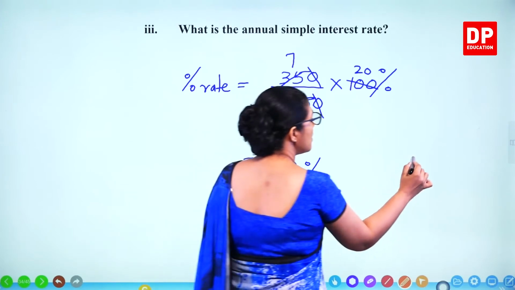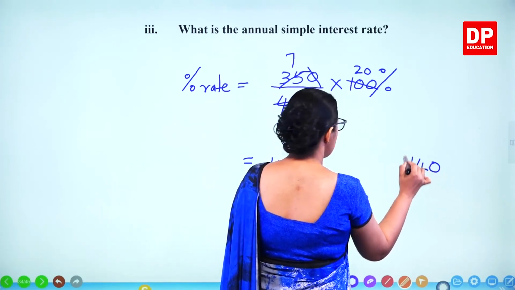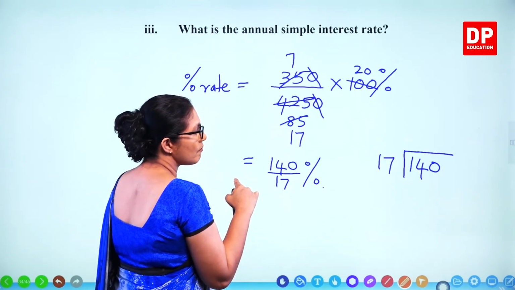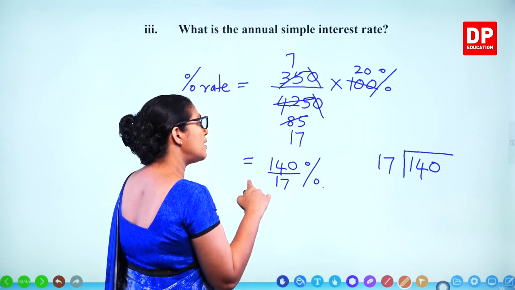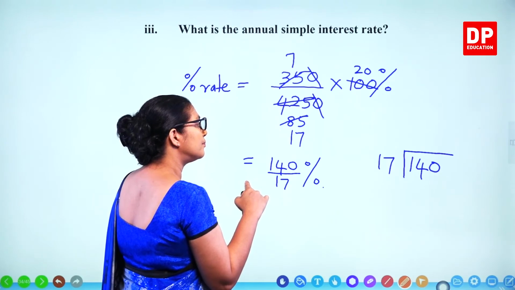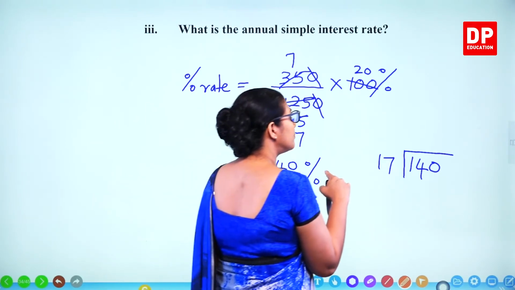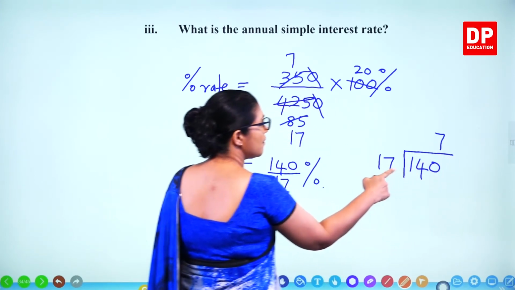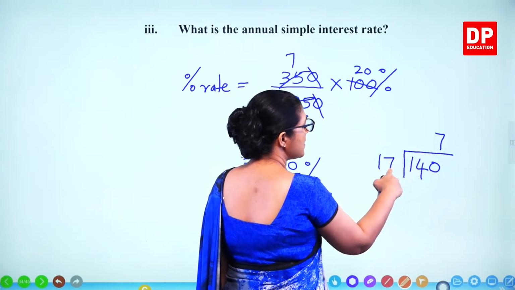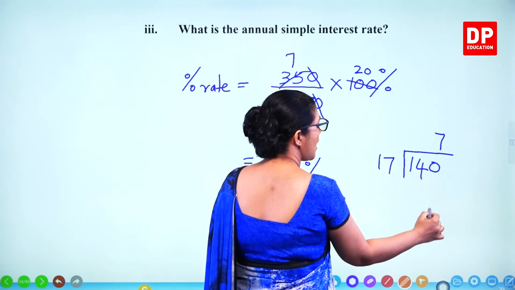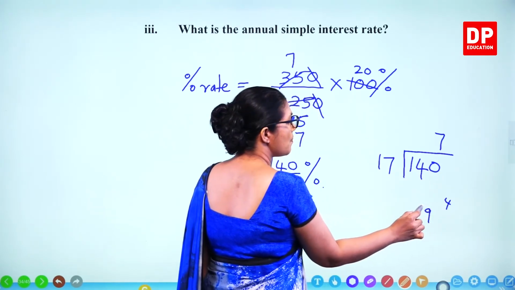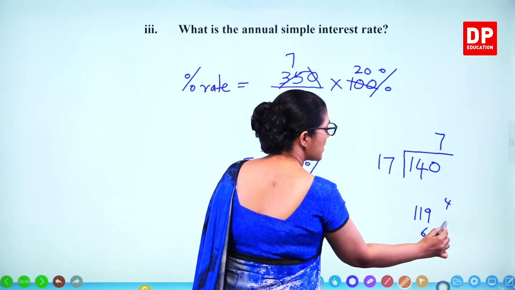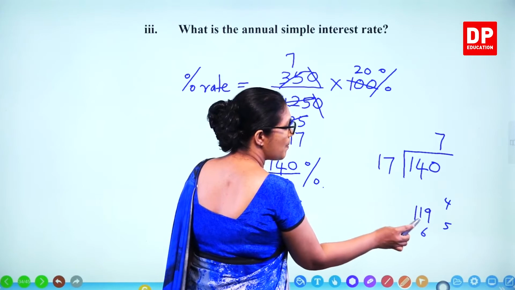So we'll roughly multiply and see, divide and see. 17 times 8. 17 times 7. We'll first multiply by 7 and see. 7 times 7, 49. 7 times 1, 7 plus 4, 11. What about 8? 8 times 7, 56. 8 times 1, 8 plus 5, 13.